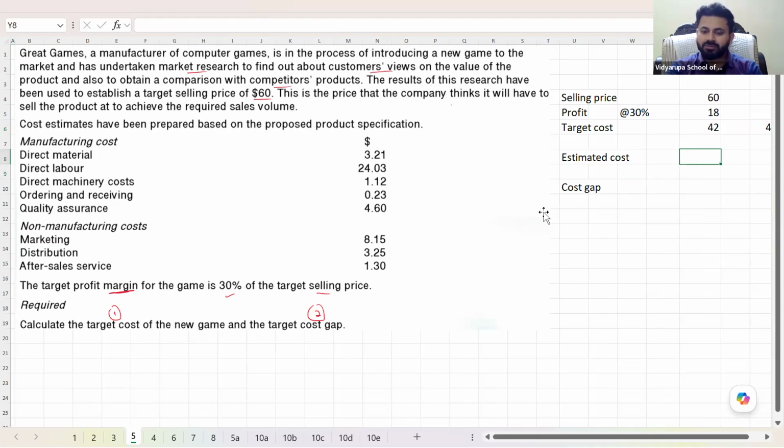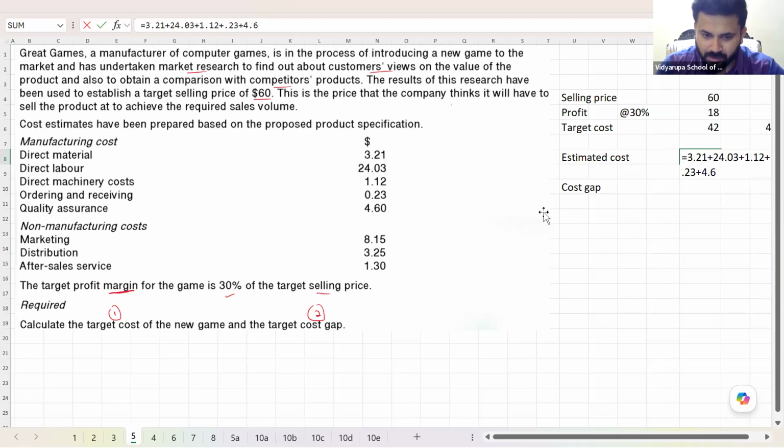What is the estimated cost? The sum of all the costs given. What's the estimated cost as of now? They have given a long list of costs, so I'll add it. 3.21 plus 24.03 plus 1.12 plus 0.23 plus 4.6. Until 4.6 is manufacturing related, then non-manufacturing.